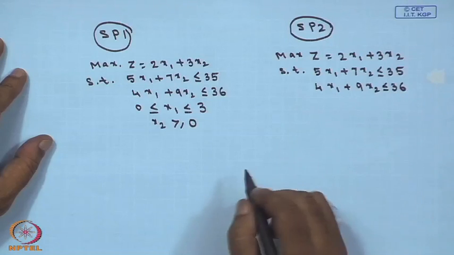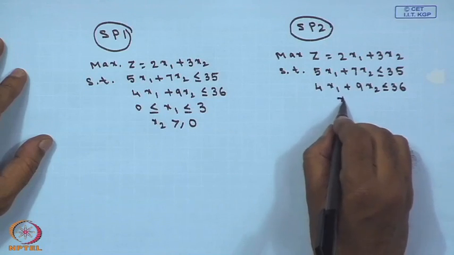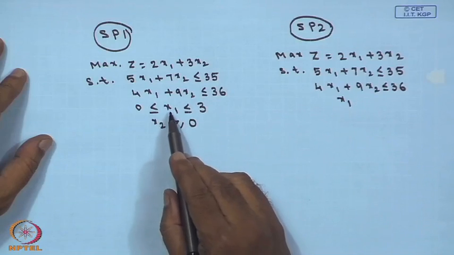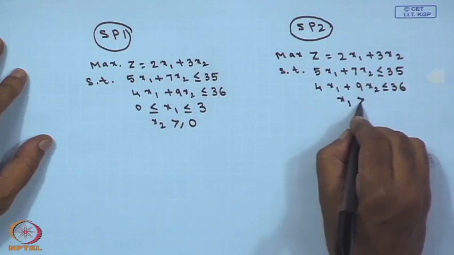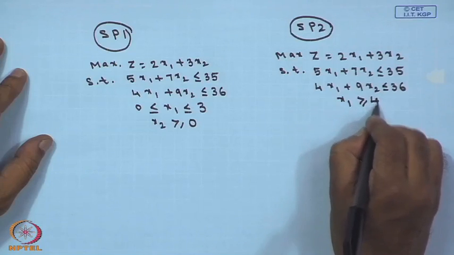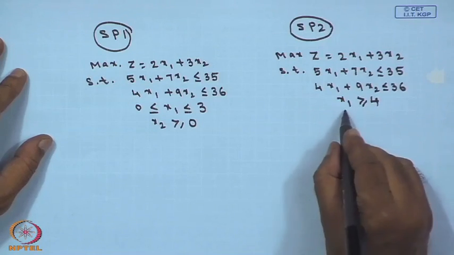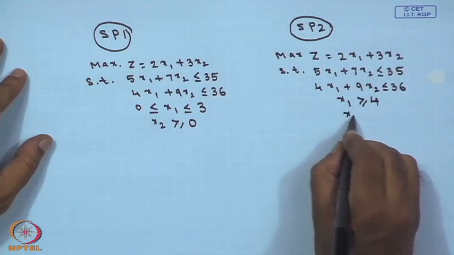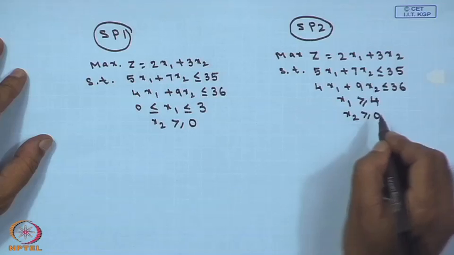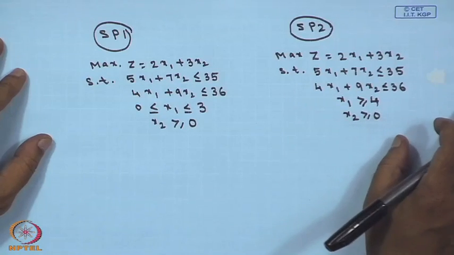What is the other condition on x1? x1 can take any integer value between 0 to 3, or x1 can take any integer value which is equal to 4 or above. So, the other condition is x1 greater than equals 4 and x2 greater than equals 0. Obviously, x1 and x2 both are integers, which I have not written.